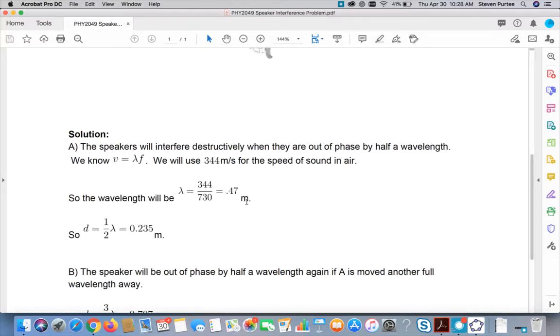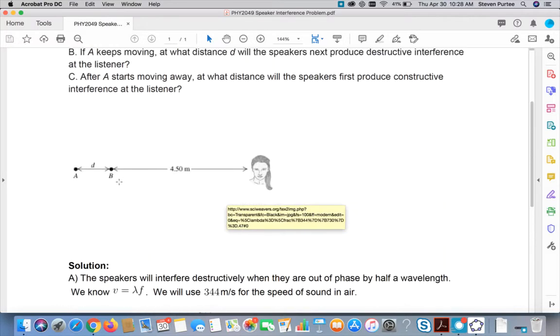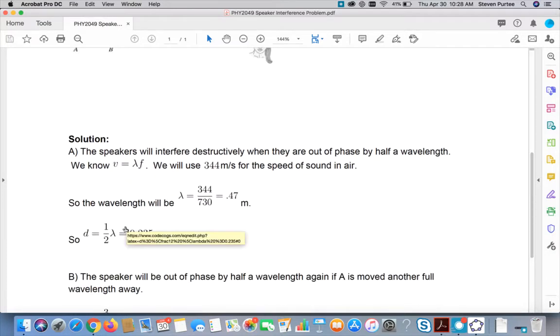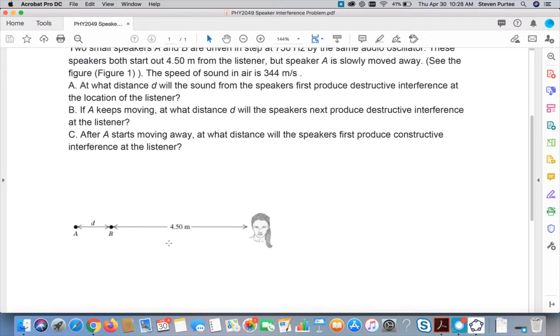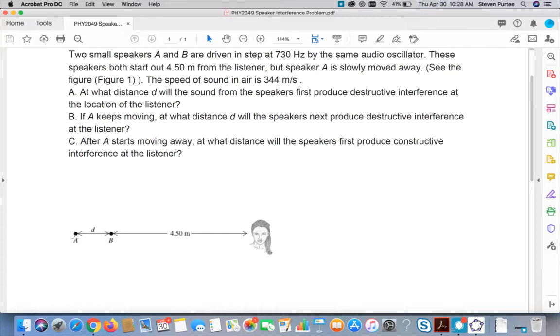So the wavelength here is 0.47 meters. We wanted the distance between these two to be half a wavelength, so we just take half of that, 0.235 meters, roughly.